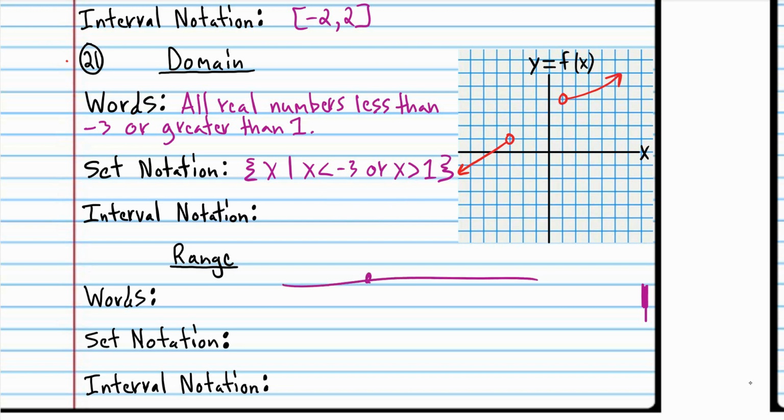If you draw a number line, you can see it's impossible for a number to be here and here at the same time. And means that they're in those regions at the same time. That's impossible. We use or because or means that the values can be here or they can be here, but not at the same time.